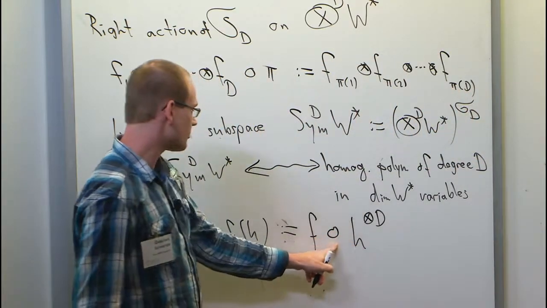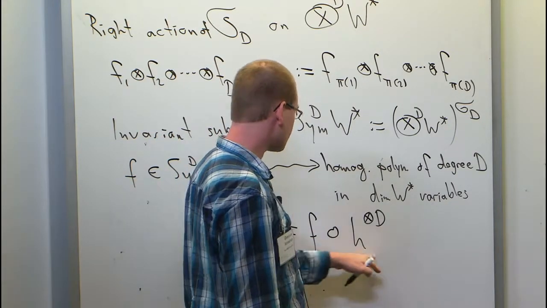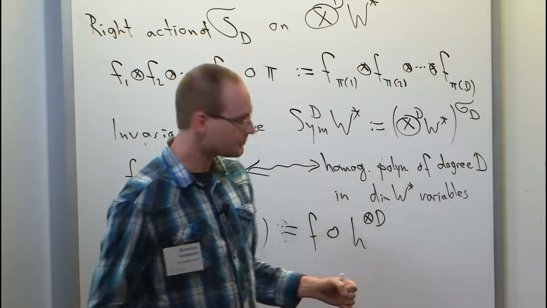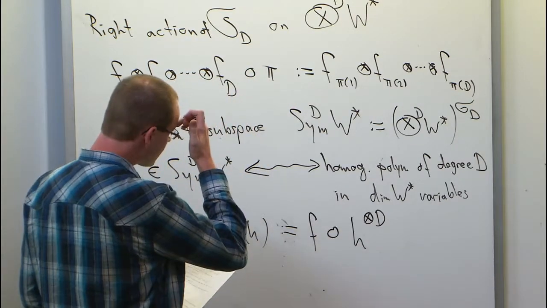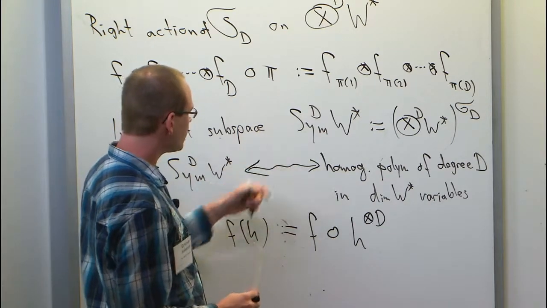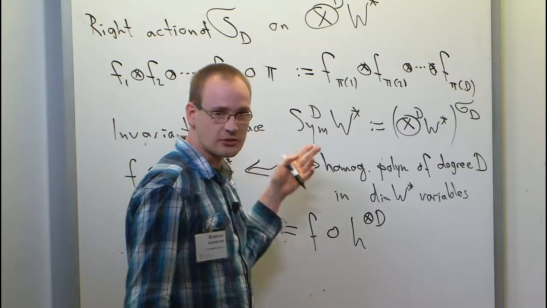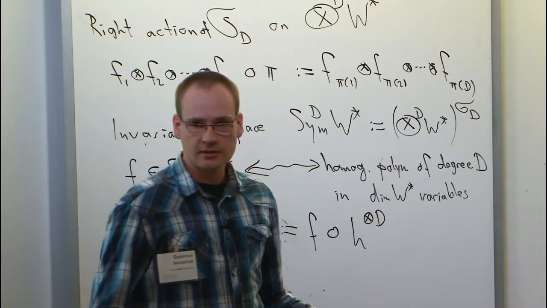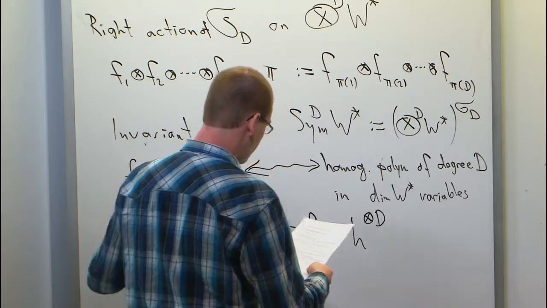This is a row vector, this is a column vector, it's just contraction. Let me give you an example, because this is our main correspondence between polynomials and tensors, and from then on we will only be concerned with tensors and how to construct these symmetric tensors. Once we've settled this projection here, we can move on.